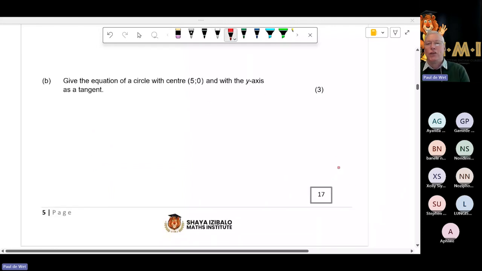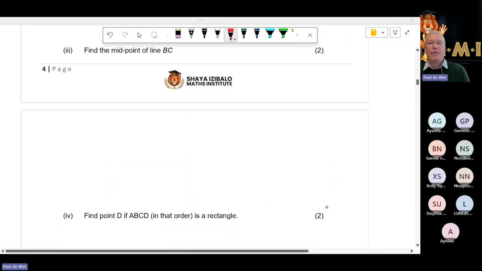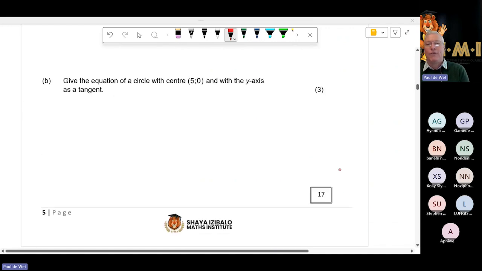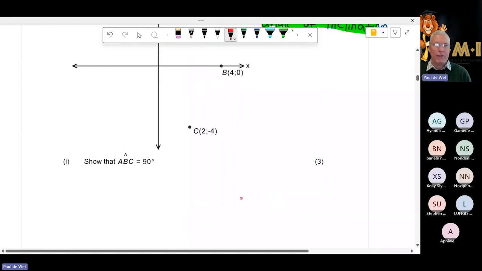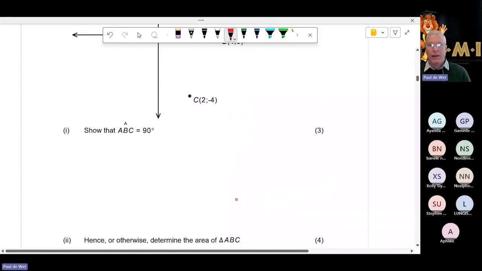I'm going to see if you could do at least some of it in even 5 or 7 minutes. So I'm going to give you a bit of time to try. You're welcome to talk to the people next to you. If you're not sure how to do one of the questions, just ask someone next to you. Let's make a start on this question.